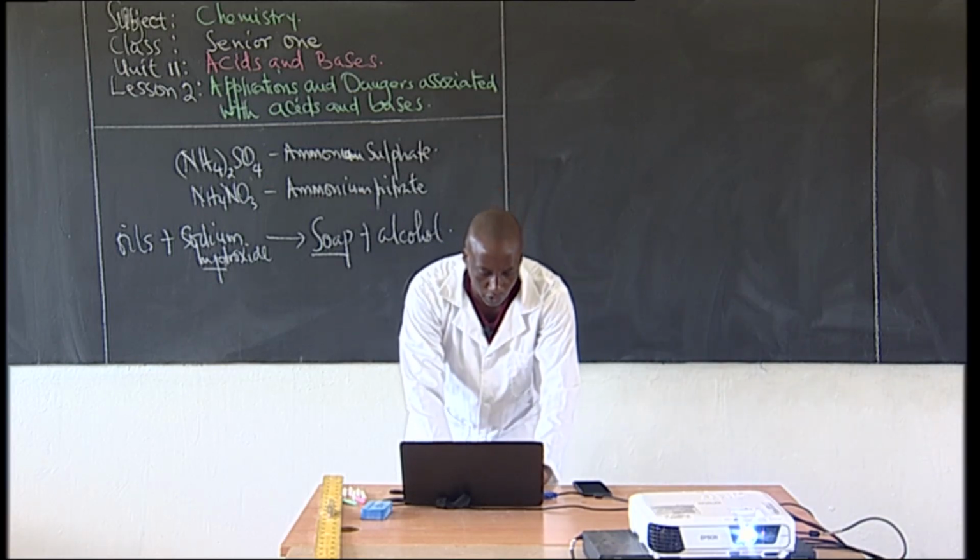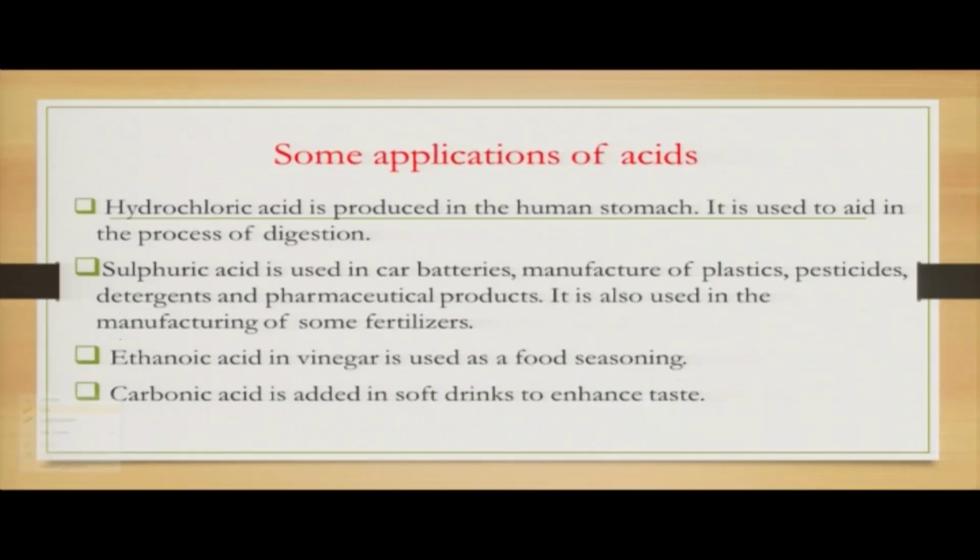When you go to the screen once again, you will find sulfuric acid, which is found in car batteries. The car batteries are used to make the vehicles move from one place to another. So if our vehicles don't have those car batteries, they may not be able to start and therefore move. So our cars and our vehicles need these car batteries, and they contain sulfuric acid.